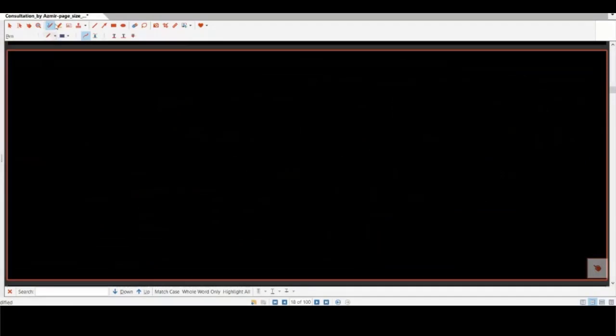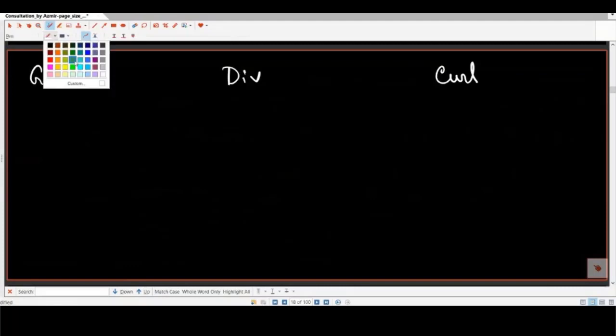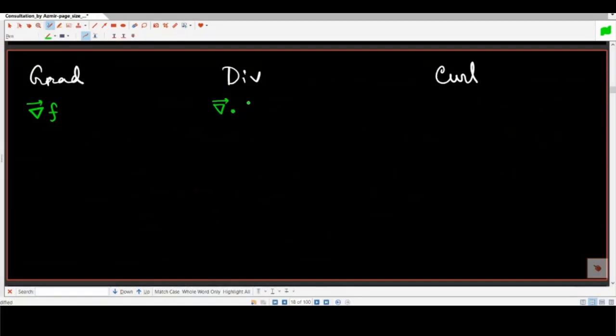So now we have to discuss about gradient, divergence, and curl. So gradient is denoted by grad f or del f. Divergence is denoted by divergence of vector field f. Curl is denoted by curl of vector field f. So we can see the difference.